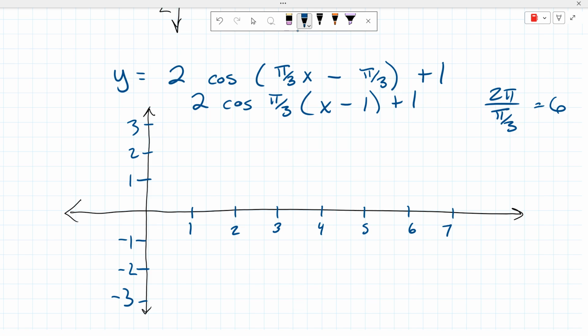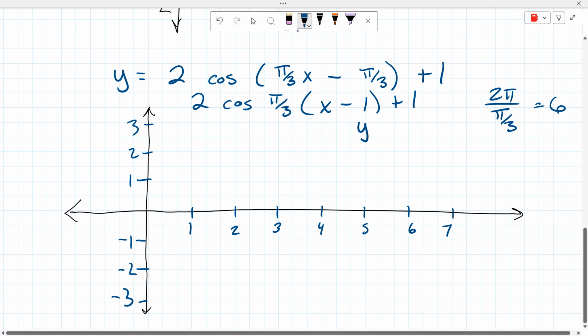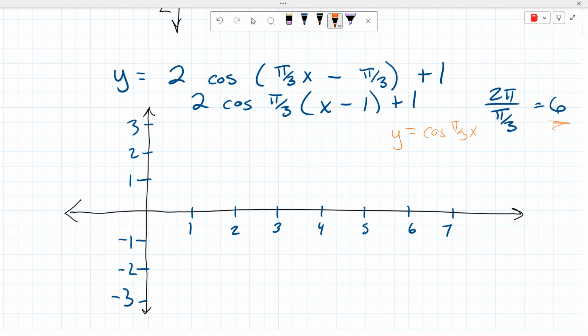All right, so I'm going to graph y equals cosine of pi over 3x first, because that deals with the 6 here. So for the cosine of pi over 3x, I need the period to get done in 6.